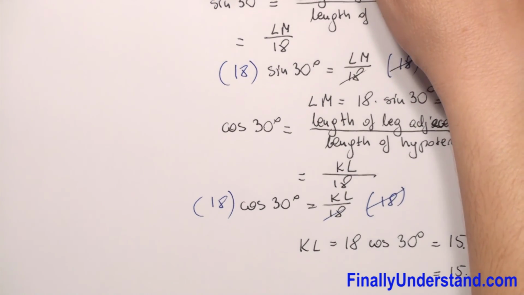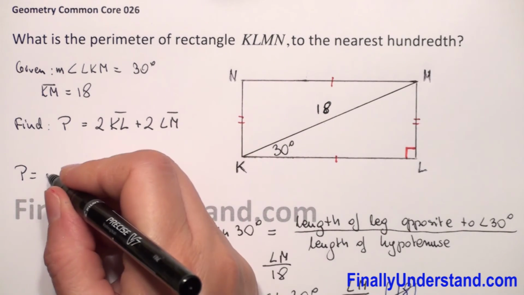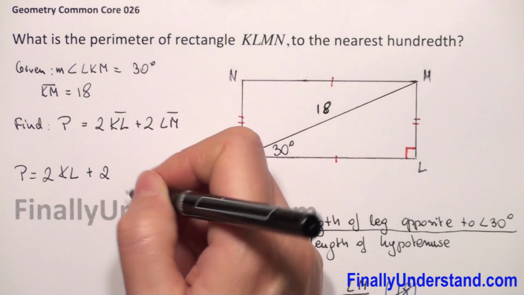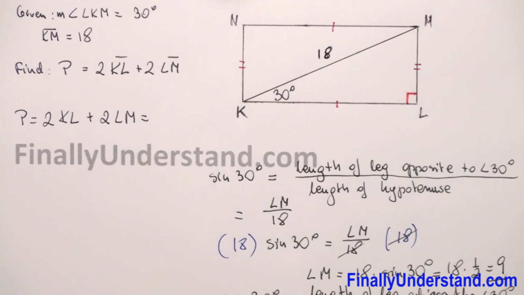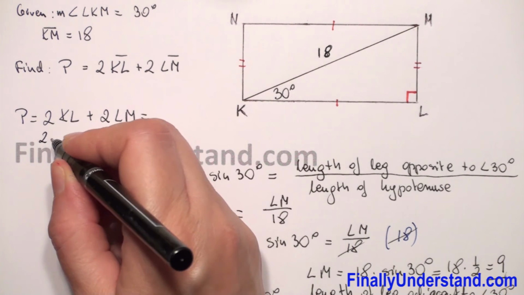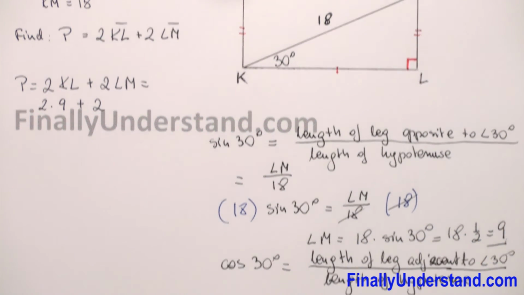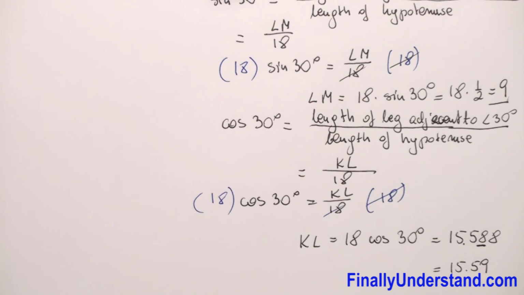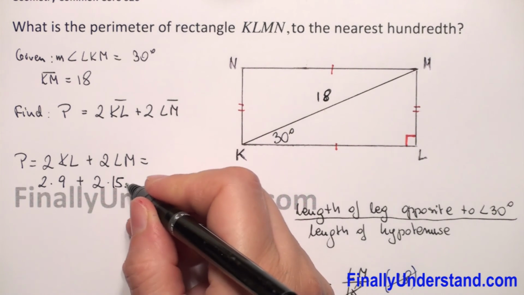We have now all the sides which we need to calculate our perimeter. Perimeter is 2 times side KL plus 2 times segment LM. So this is equal, we have that LM is 9, so we have 2 times 9 plus 2 times KL, which we calculated as 15.59.